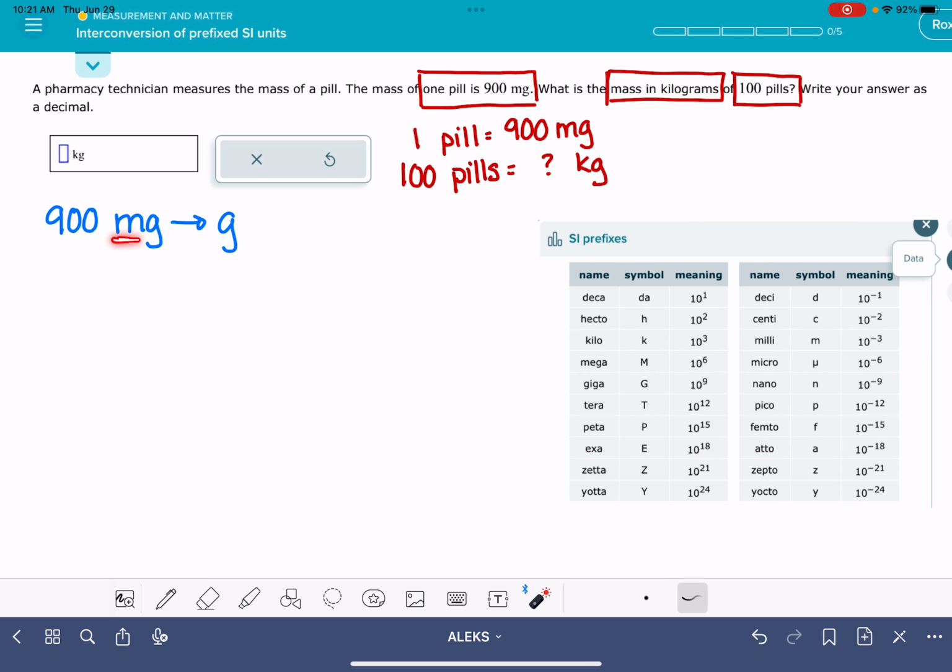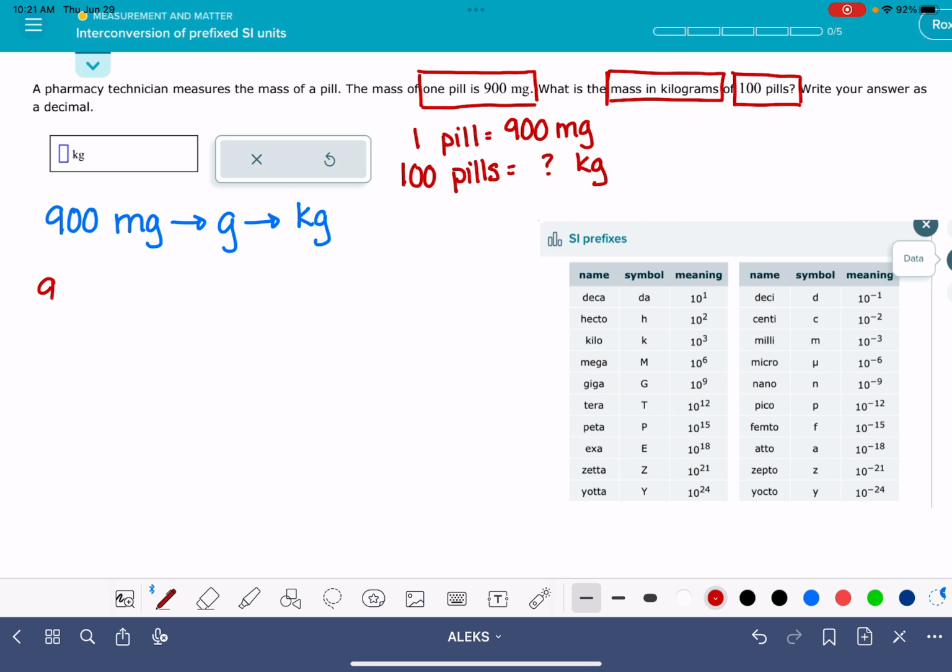In this case, that just means stripping that milli prefix away and converting from milligrams into grams, and then converting into the desired prefixed unit. It is an extra step, but I will talk about why I suggest doing it this way as I set the problem up. So let's go ahead and get started.